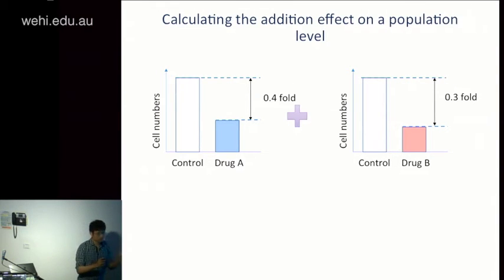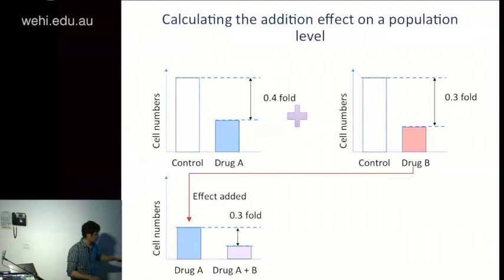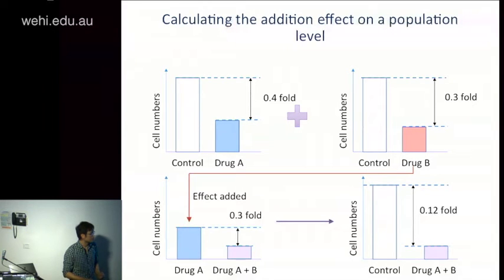If you were to add these two drugs together, what we expect is that the effect of drug B should be applied to drug A, and basically you get a 0.34 decrease on the cell numbers of drug A. This is what we expect of the combination of drug A and drug B. If you were to do the fold change, you'll get a 0.124 difference between the control and the combination of drug A and drug B, which is equivalent to multiplying these two fold changes.